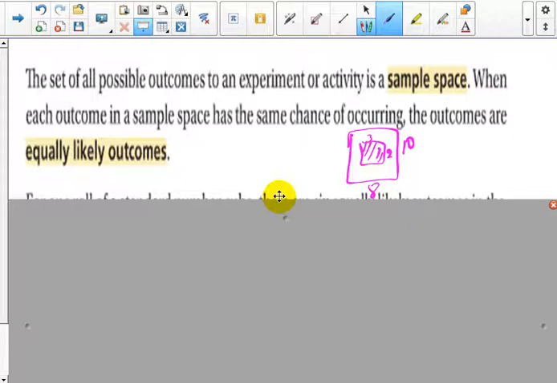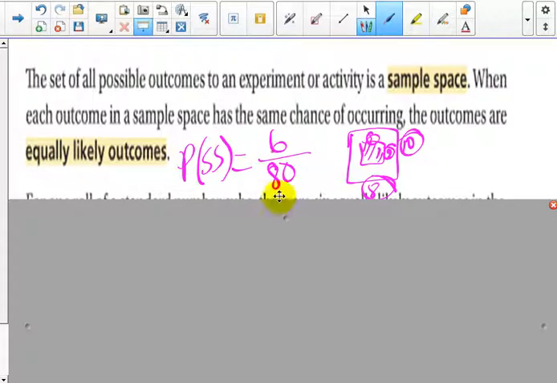What's the probability that we're going to hit in the sweet spot? So we would say the probability of the sweet spot is equal to, well, 10 times 8, 80 total. But what's the sweet spot? 3 times 2. So we have a 6 in 80 chance of hitting that sweet spot. Okay, so that's sample space when we're talking about geographic space. Any questions on that?